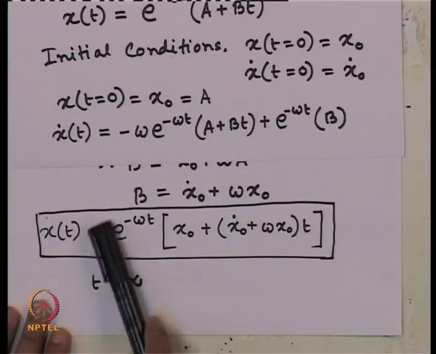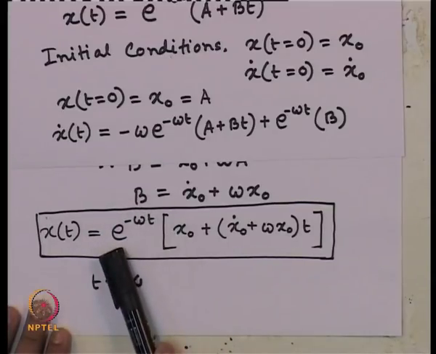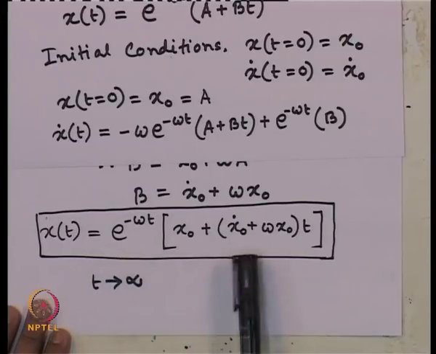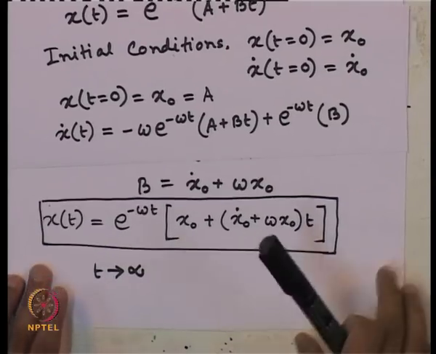What does it mean? This decay or decreasing function dominates over this increasing polynomial function. What does it mean? If we want to plot the behavior of this combined effect of two functions, exponential decay and polynomial increase, the combined effect will be a decay function because of the higher dominance of the exponential function over the polynomial. So, the response will look like this.